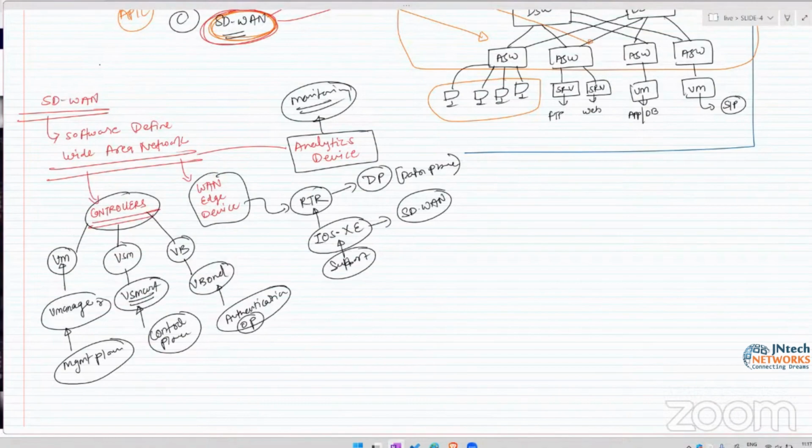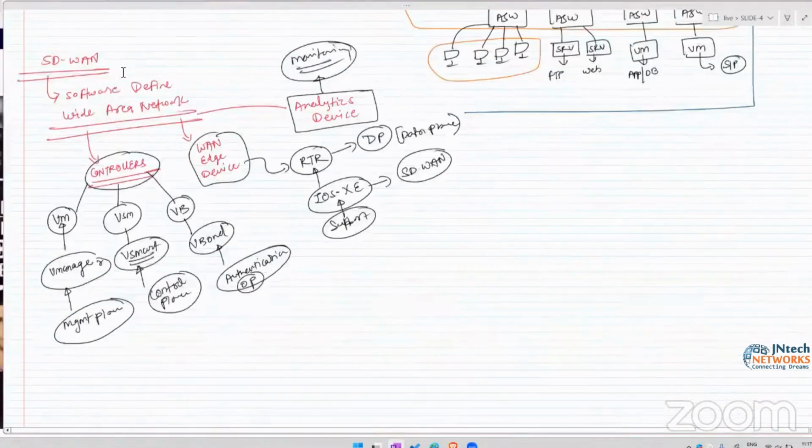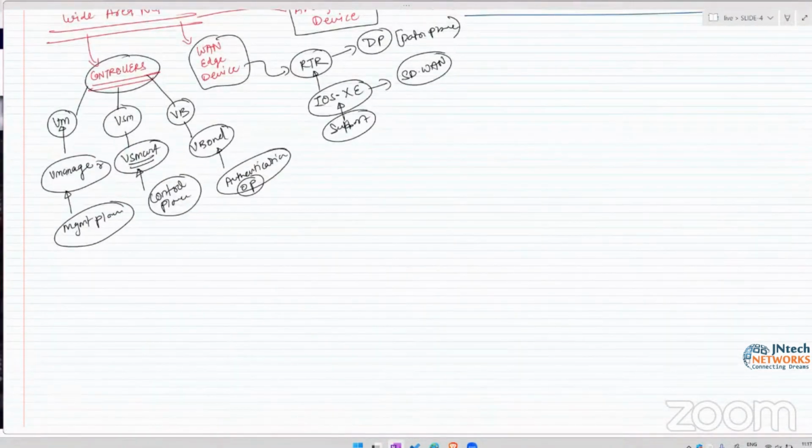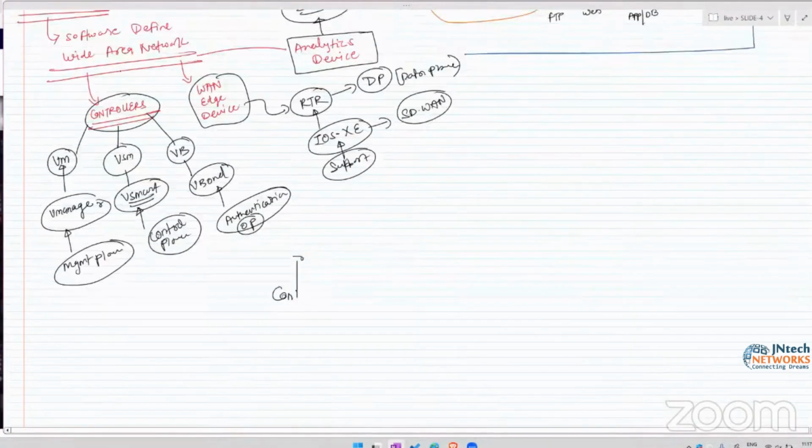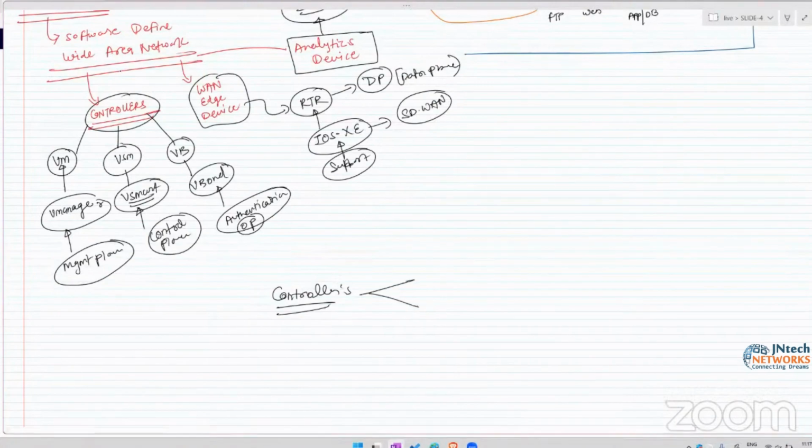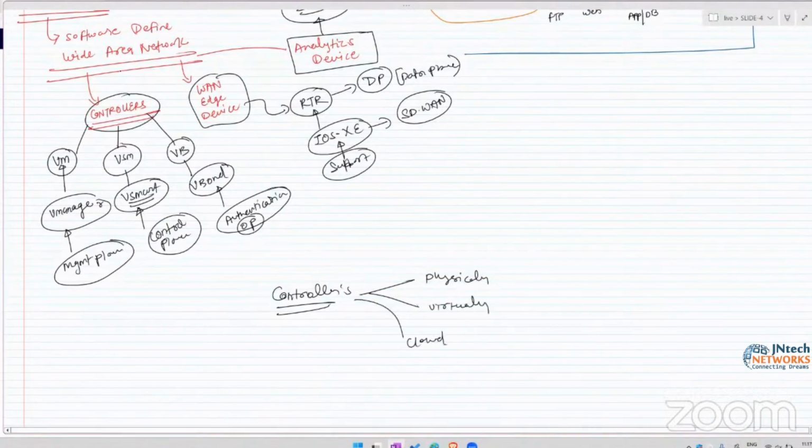Now, one more thing we need to discuss. Those controllers we can deploy physically, virtually, or on a cloud platform.